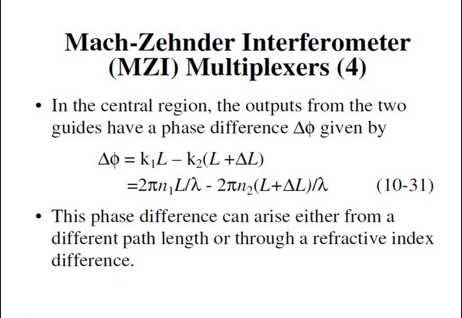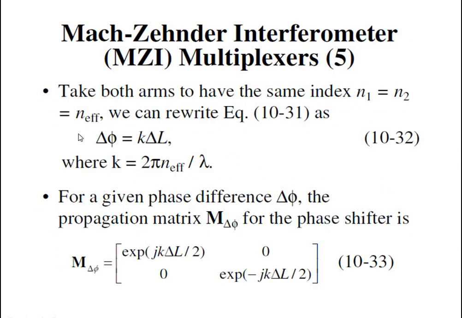So what we take here is that both arms have the same index, that is n1 is equal to n2 is equal to n effective.